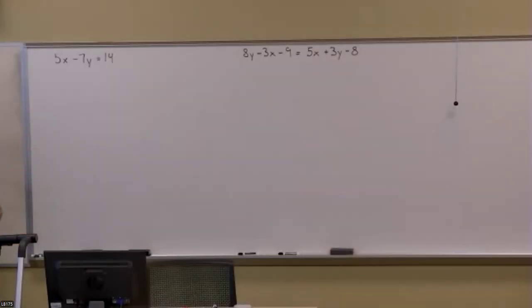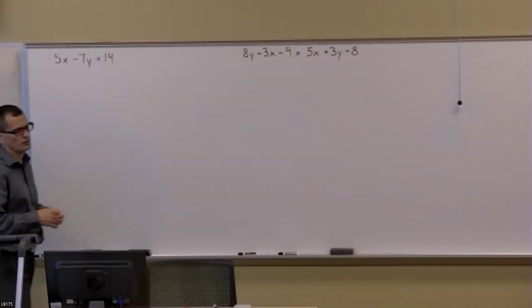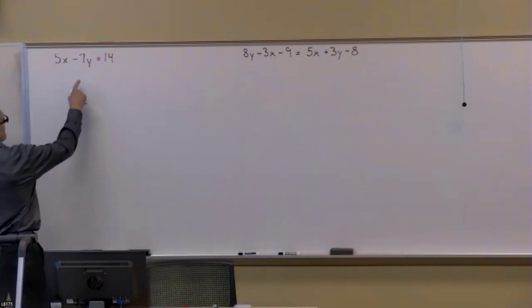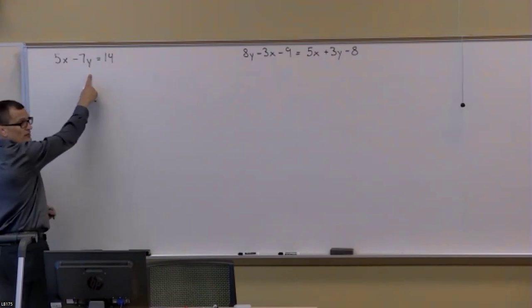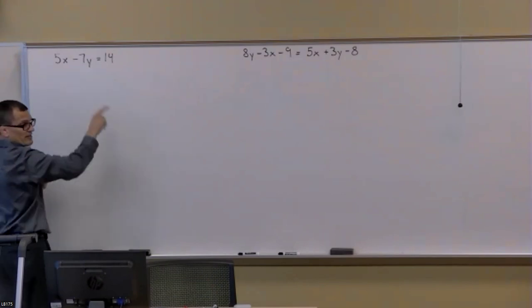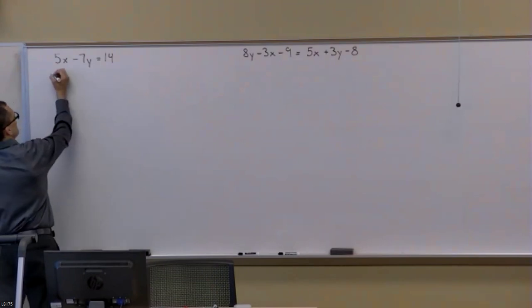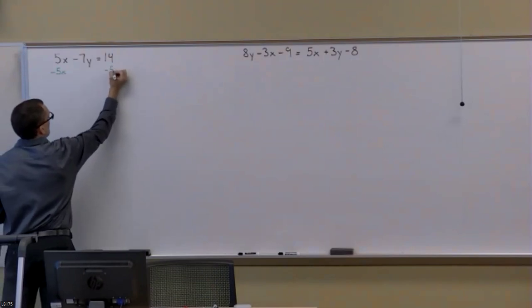This line is in that standard form. If I wanted to put this into slope-intercept form, basically all we have to do is solve for y. We want to get y on one side, everything else on the other. So I'm going to subtract 5x from both sides.